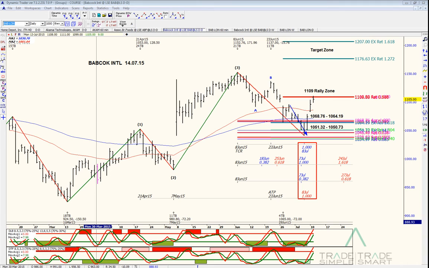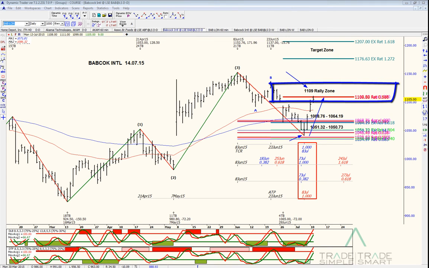We can see the market made a swing low on the 8th of July, which was the projected time window of the 7th and 8th, and then we've seen a significant rally up to 1105, and look where the market has found resistance. The market has found resistance at 1109, which was our projected resistance zone, created from our ABCD pattern.